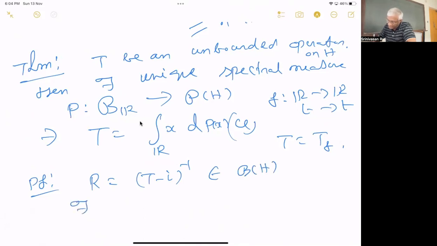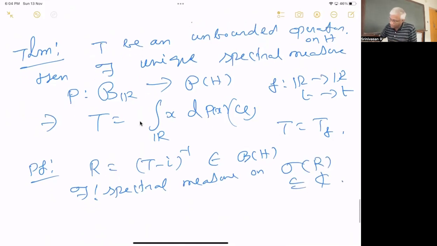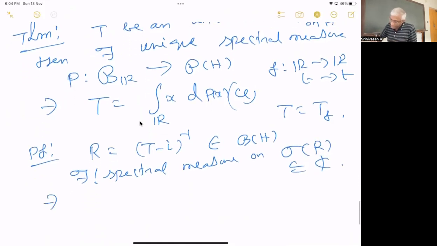So there exists a spectral measure, unique spectral measure on the sigma of R, which is a compact subset of C, such that R is equal to the integral over z d of the spectral measure.